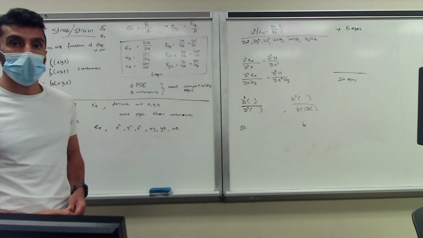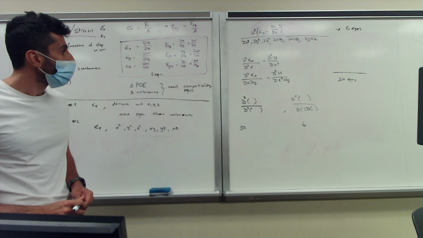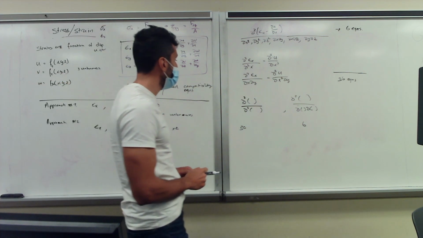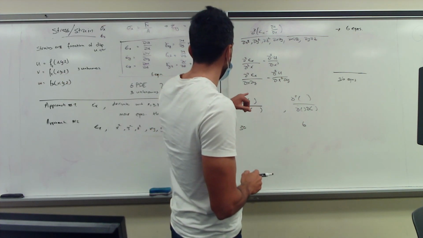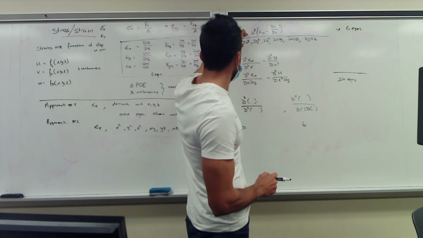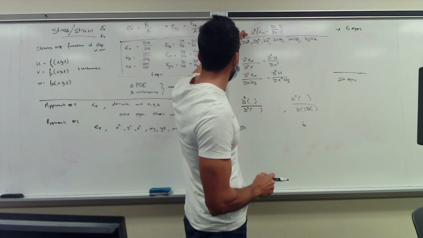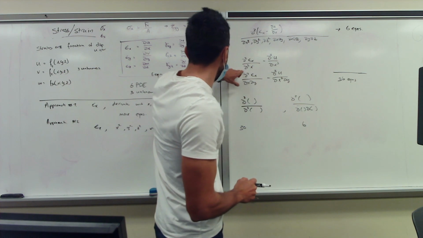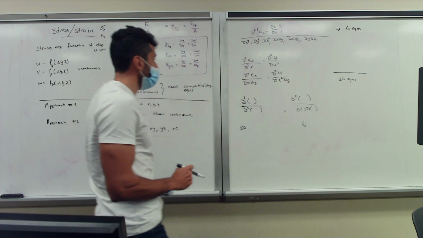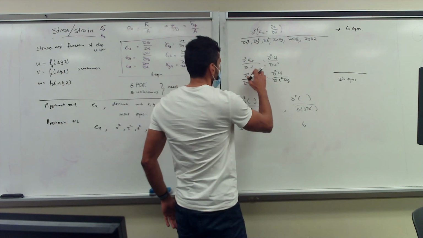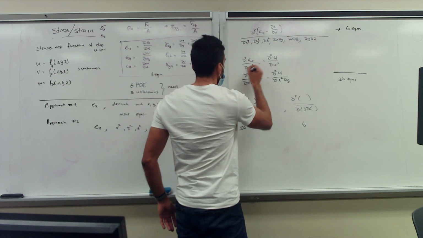Yes? Why does the notation of what order it is change from after the x to right after the delta? How do you mean? Like in the first line, it's partial x to the second, and then it's partials to the second x in the second line, in the bottom. Oh, no. There's again notation. It means it's exactly the same. I actually did it incorrectly here.